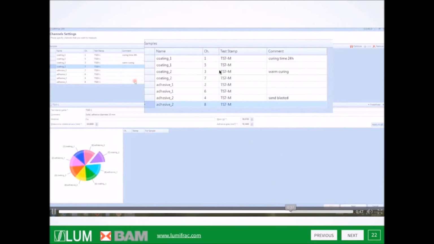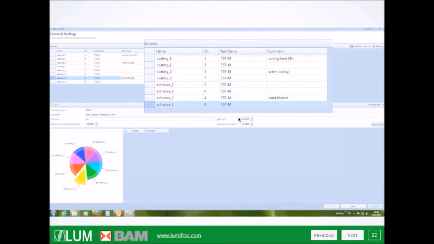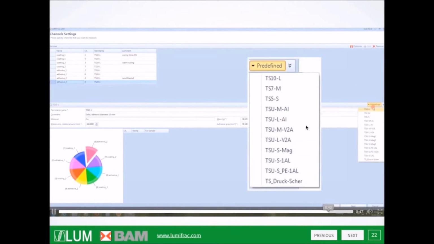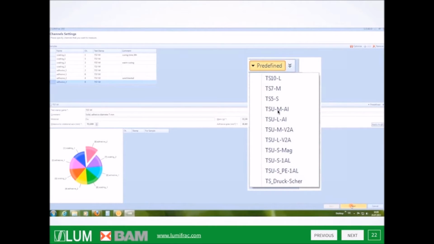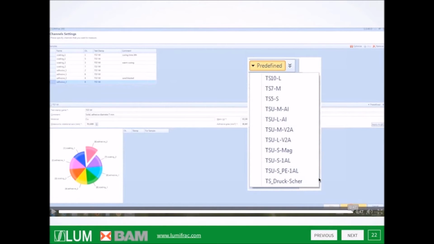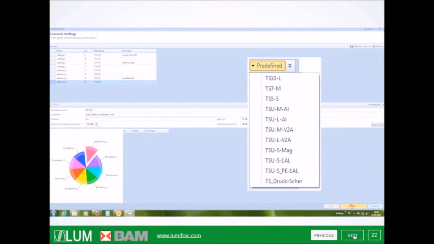It's not always necessary to put in the test stems manually, because there's also a library which you will now see, so you can easily just select the different test stems, and this also gives the system the opportunity to know the mass of the test stem and the distance from the radius. The next thing is to describe the protocol, the SOP, how to measure and how to increase the load.